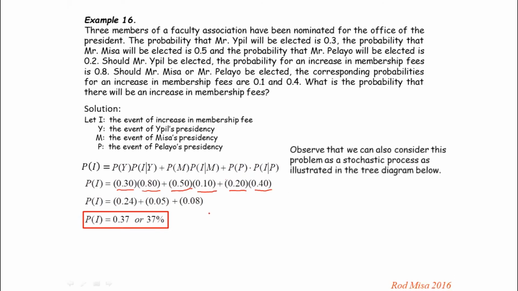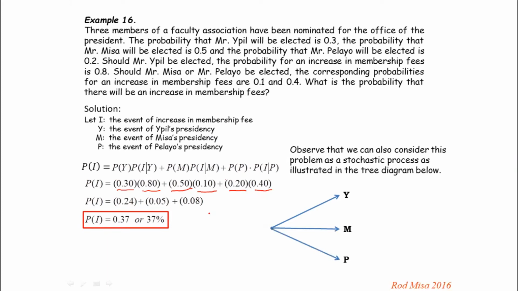Now observe that we can also consider this problem as a stochastic process as illustrated in the tree diagram below. So at the beginning, during the election, three candidates are vying for presidency. Those were Mr. Ipil, Mr. Misa, and Mr. Pelayo.